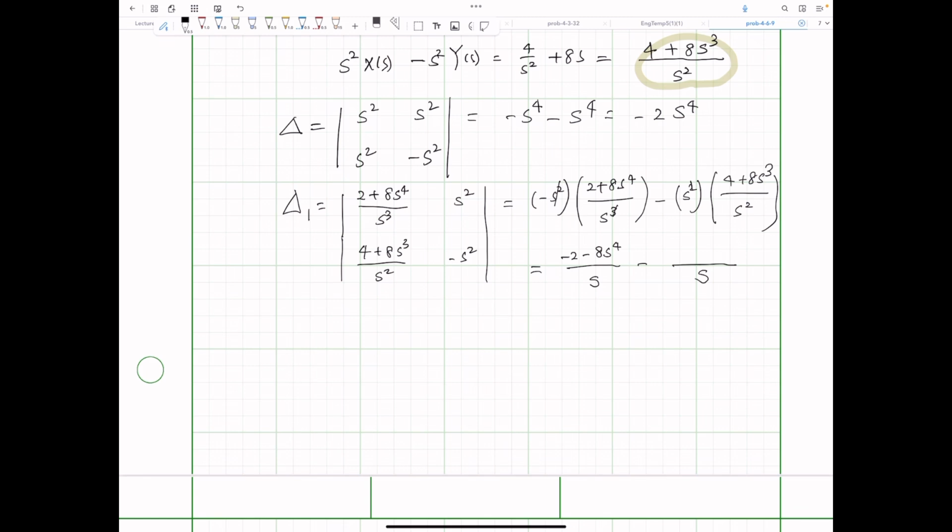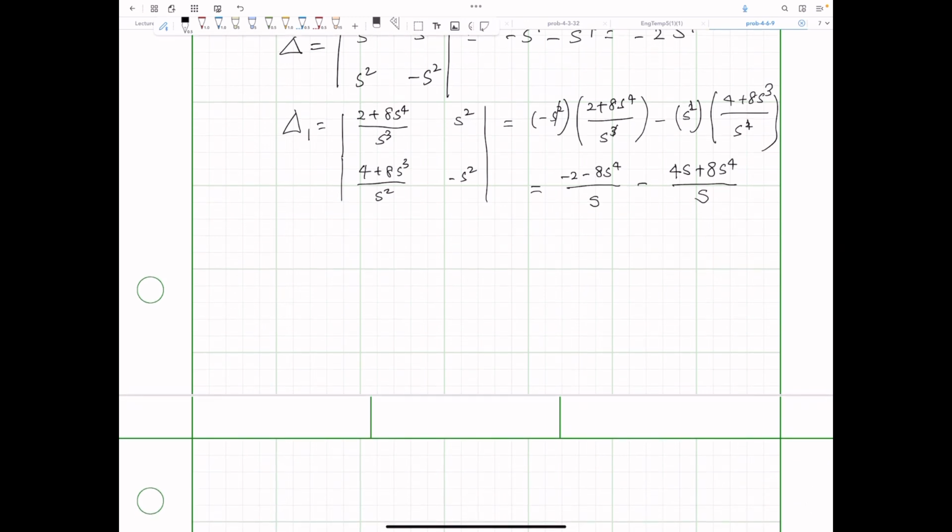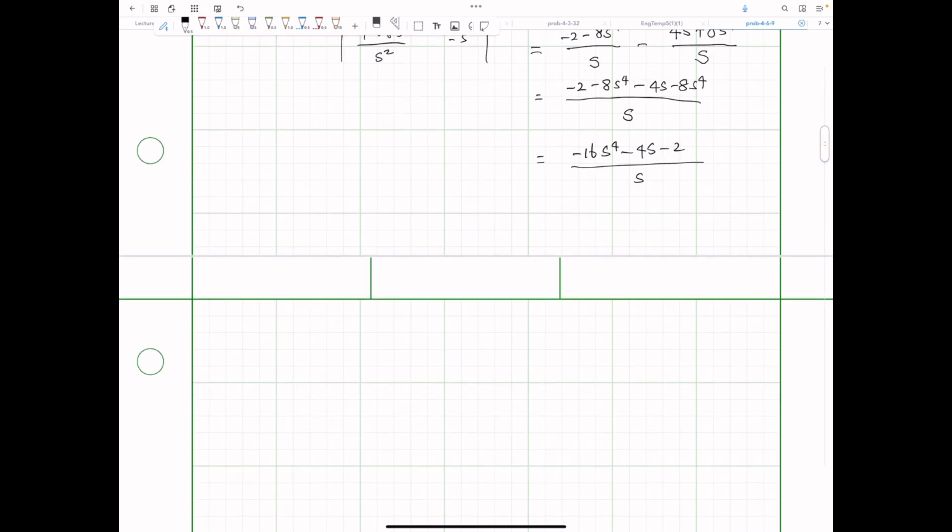So basically 1s over 1s, cancel out. And then s times 4, 4s plus 8s to the power of 4. This way we can combine these two. So the common denominator is going to be just s, and then negative 2 minus 8s to the 4th minus 4s minus 8s to the 4th. That is negative 16s to the 4th minus 4s minus 2 over s. Now let's do delta 2.